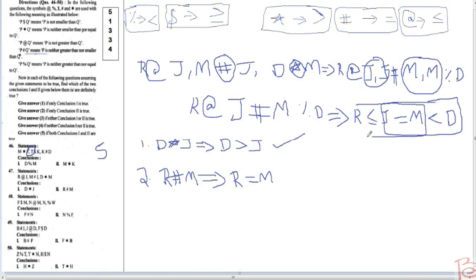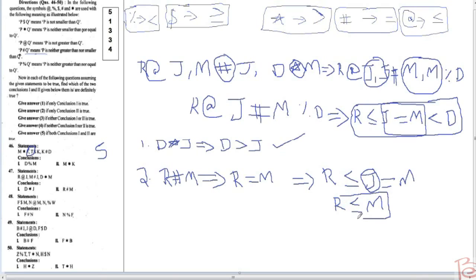R is here and m is here, so I'm going to write it first: r less than or equal to j, that is equal to m. In the previous video I told you that equal to doesn't change anything, which basically means r is less than or equal to m. I can replace j with m since j and m are equal.